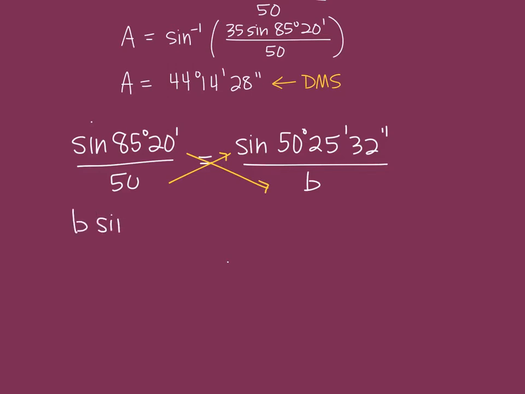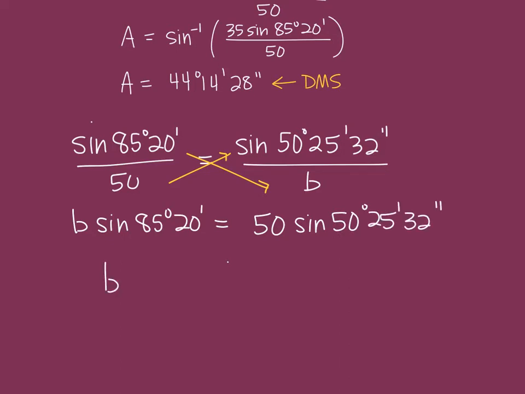Leg B is now in front of the sine 85, 20, and 50 is now in front of the sine 50 degrees, 25 minutes, 32 seconds, and we divide both sides.